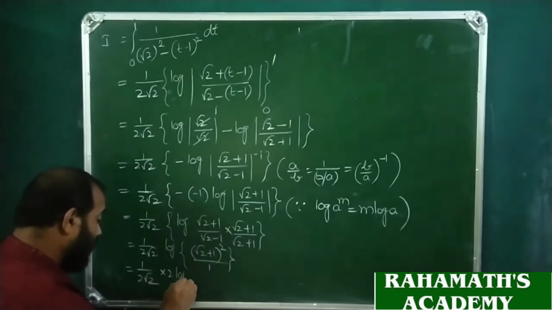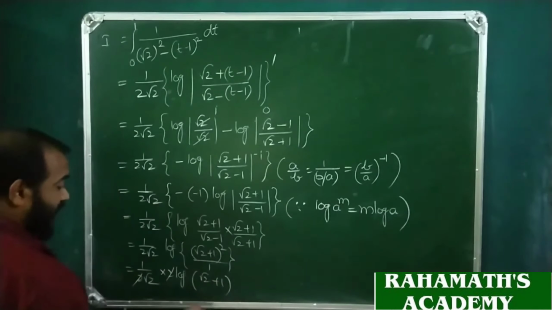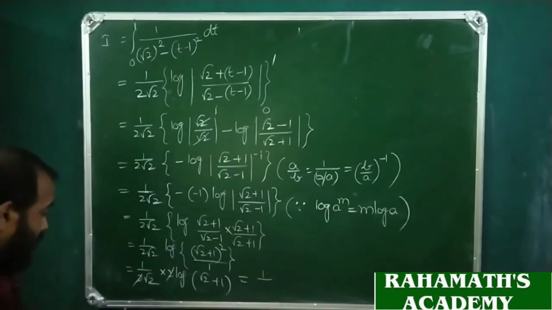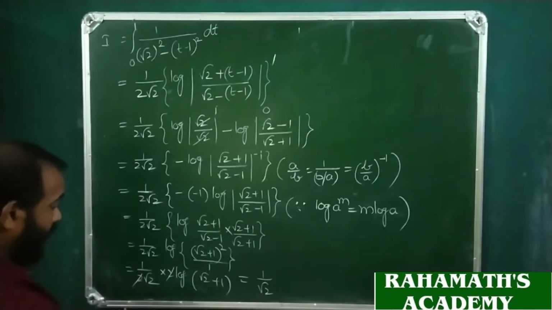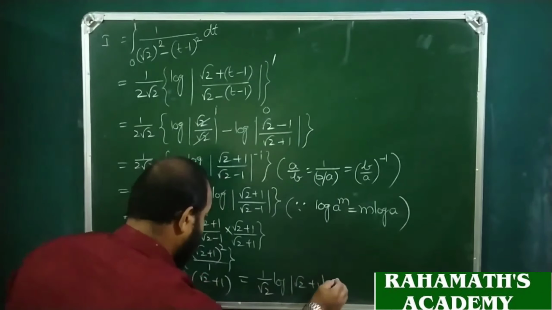So 2 log root 2 plus 1. So this 2 gets cancelled. Therefore we are left with 1 by root 2 log root 2 plus 1.